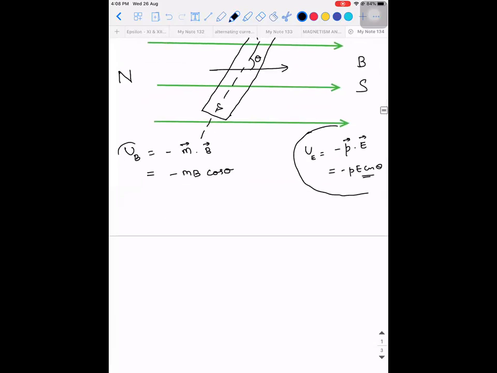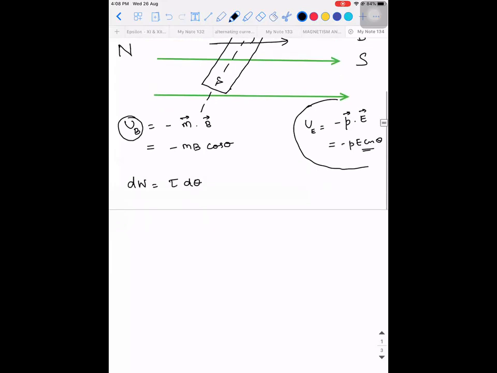For you to calculate the potential energy, wherever you need to calculate energy throughout physics, you need to calculate the work done. dW is equal to torque into d theta. Let's say the dipole is rotated through a small angle d theta. The torque we derived is MB sin theta, so dW is MB sin theta d theta. Integrate it from theta 1 to theta 2.